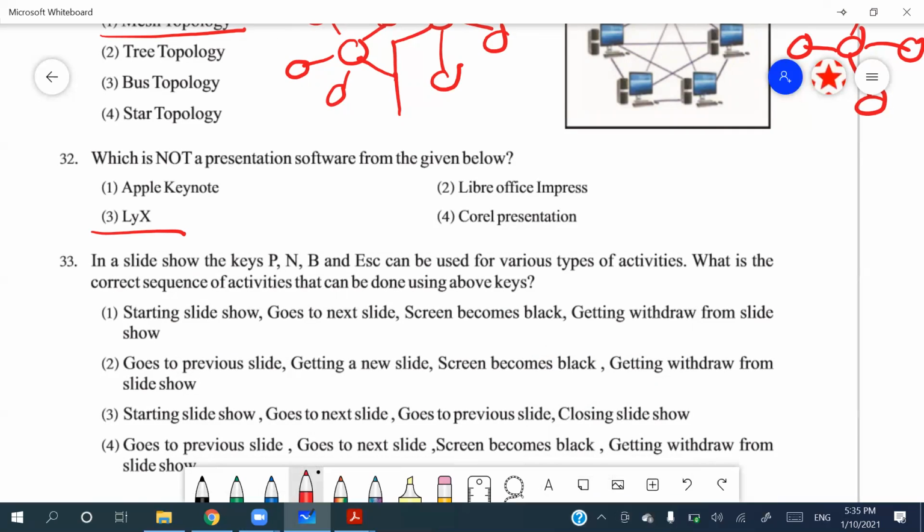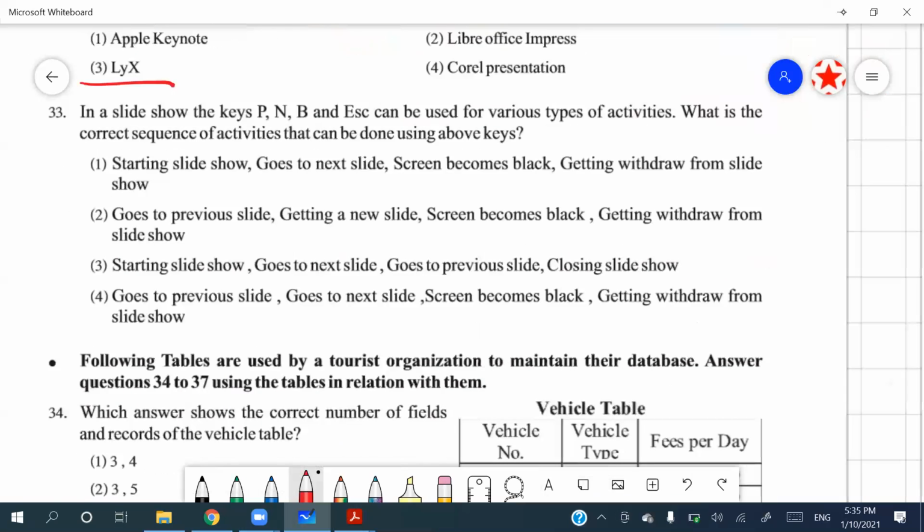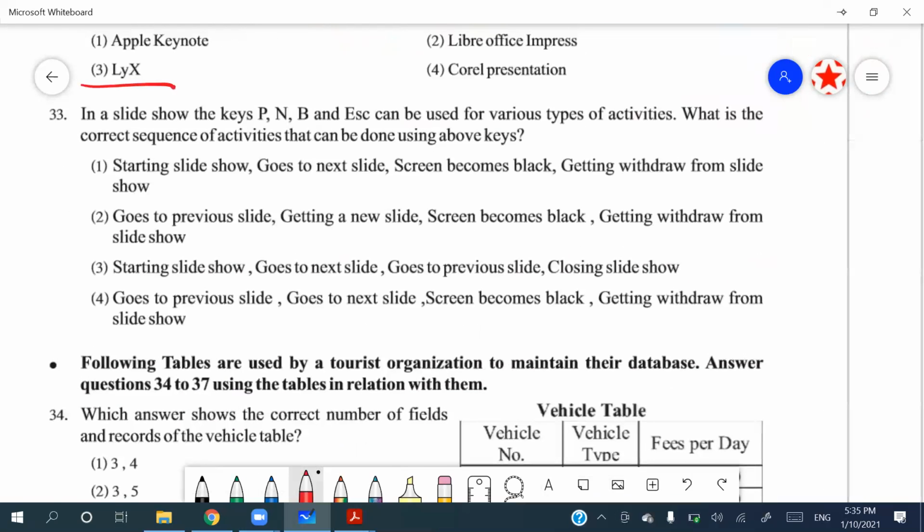And in the 33rd, it says in a slideshow, the keys P, B and Escape can be used for various types of activities. What is the correct sequence of activities that can be done using the above keys? I remember B is for black screen, Escape for stopping the presentation, so closing the slideshow.